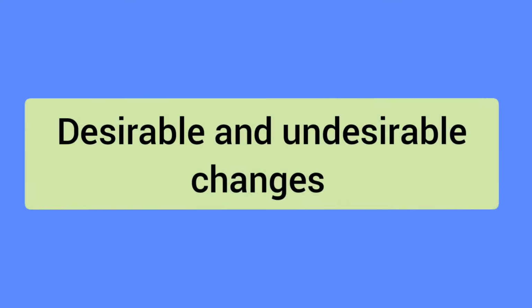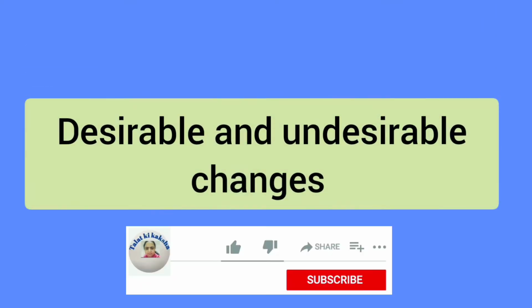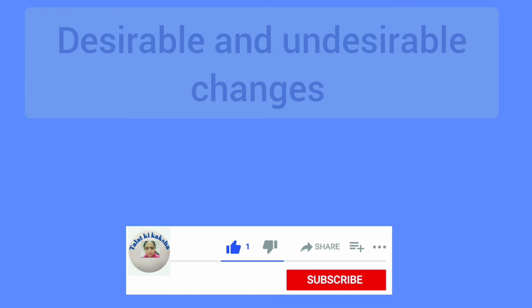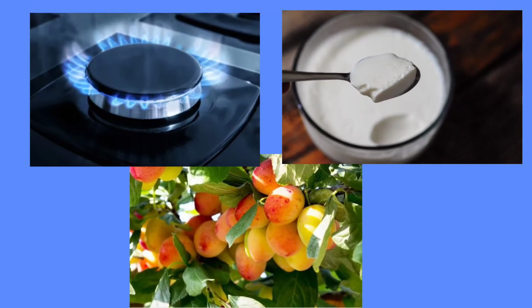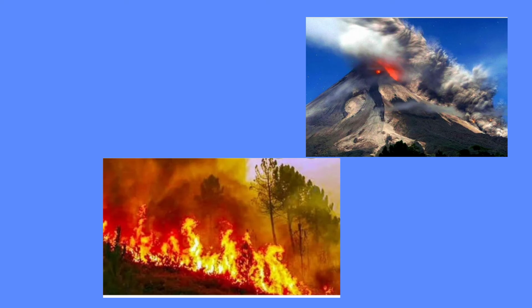Some changes around us are desirable and some are undesirable. Burning of cooking gas, setting of milk or curd, ripening of fruits, etc. are desirable changes, because these changes are useful for us and we want these changes to happen.